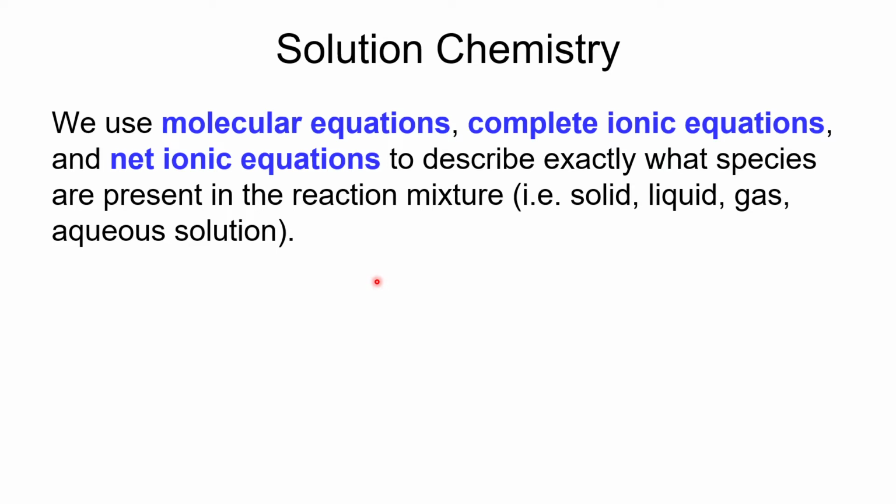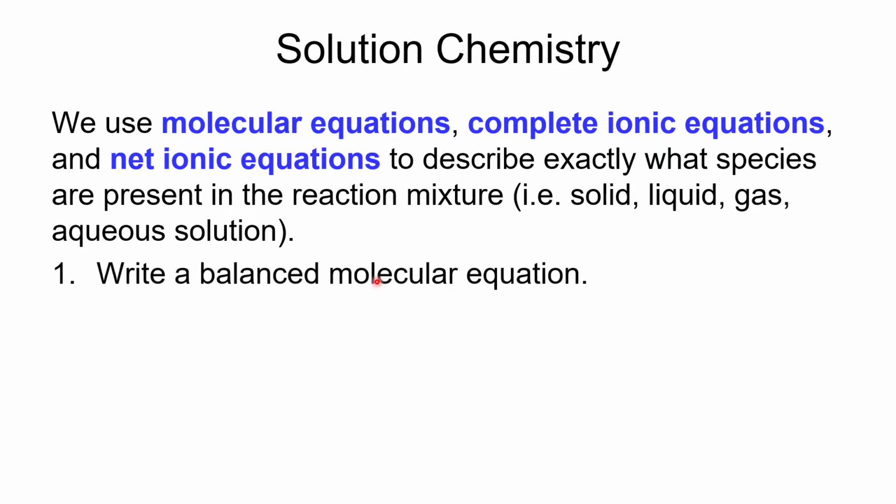The complete ionic equation tells a little bit more of the story in that it tells us what ions are in solution both before and after the reaction. The net ionic equation only tells us what changes. So when we're doing these kinds of equations, the very first thing we want to do is to write a molecular equation, and it has to be balanced.